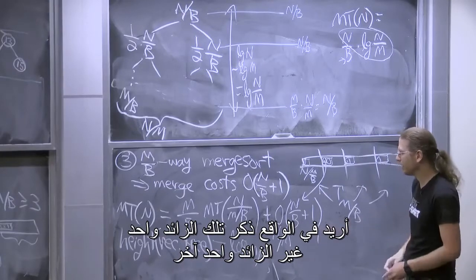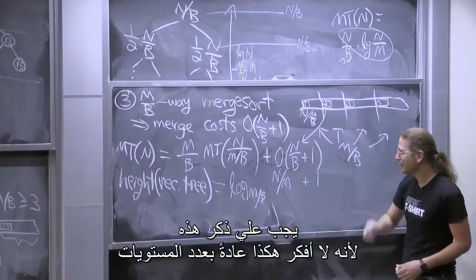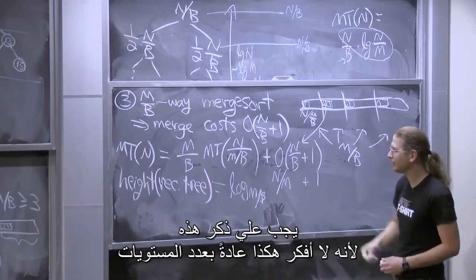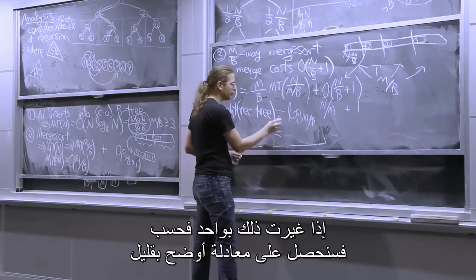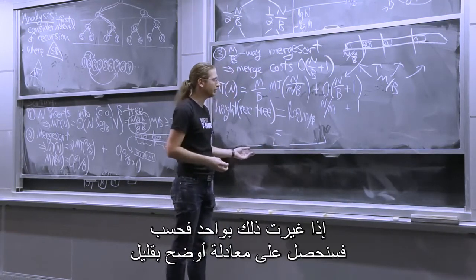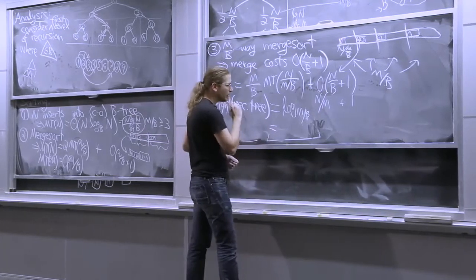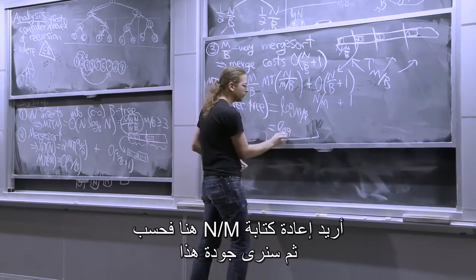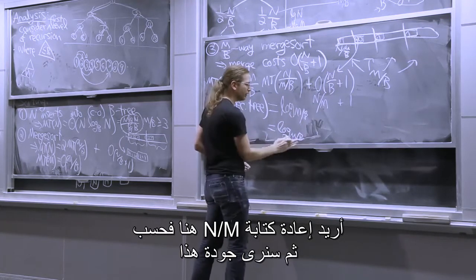I want to mention this plus, unlike the other plus 1s, because this is not how I usually think of the number of levels. I'll show you why. If you just change it by 1, you get a slightly cleaner formula. This has got m's all over the place, so I just want to rewrite n over m here. Then we'll see how good this is.